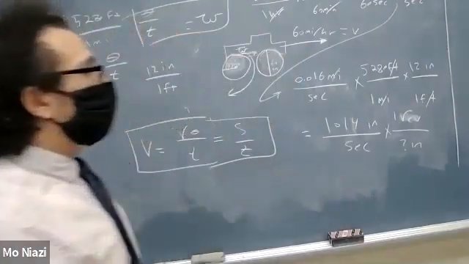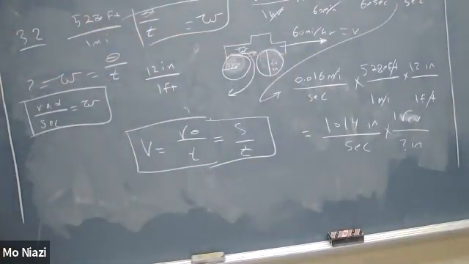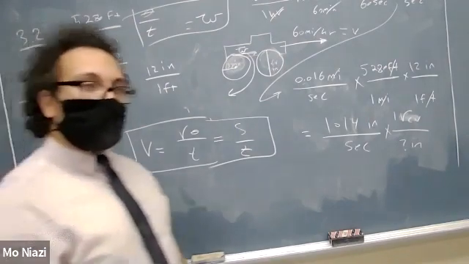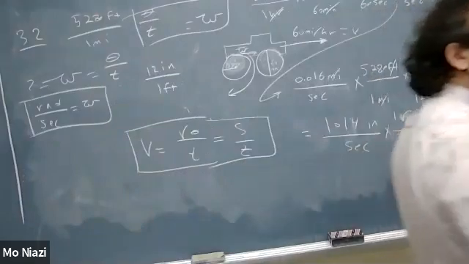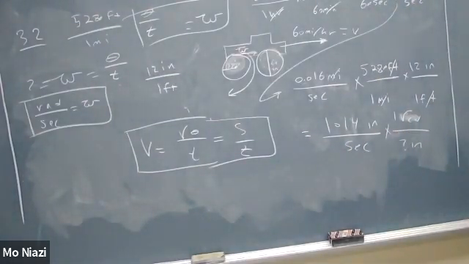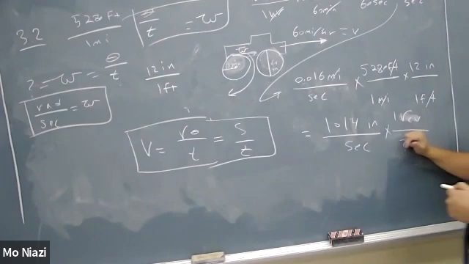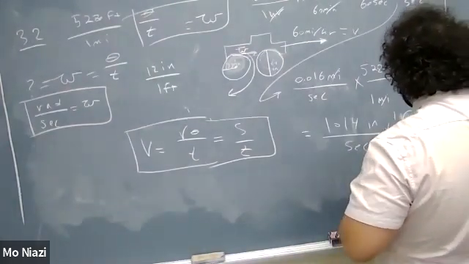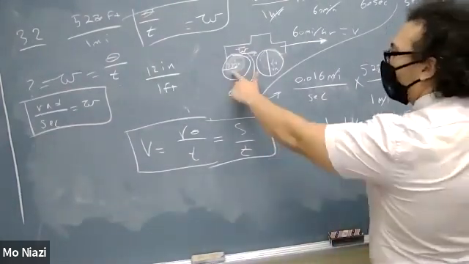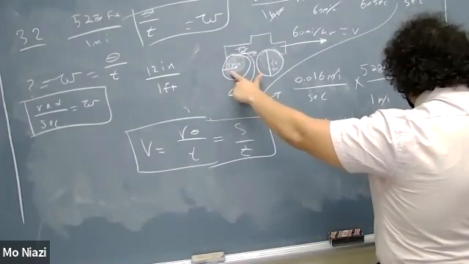How many inches will it rotate per revolution? It's the circumference of a circle. The tire rotates once and it moves through a circumference in length. So the amount of inches is 2 pi r. Our r is 33 inches.